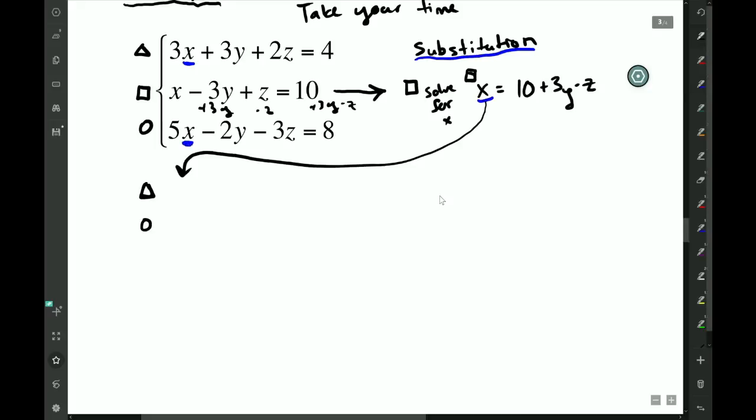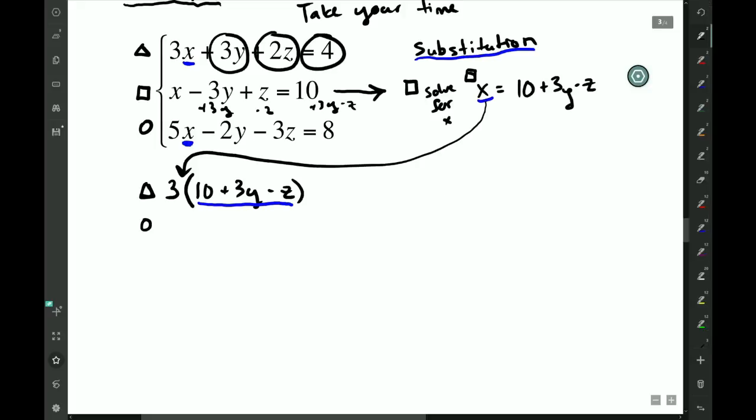Key thing to do is make sure you put it in parentheses. You're substituting the entire quantity, 10 plus 3y minus z. That is what x is, the whole piece. And then don't forget the other guys. We have 3y, 2z, and 4. So plus 3y plus 2z equals 4.